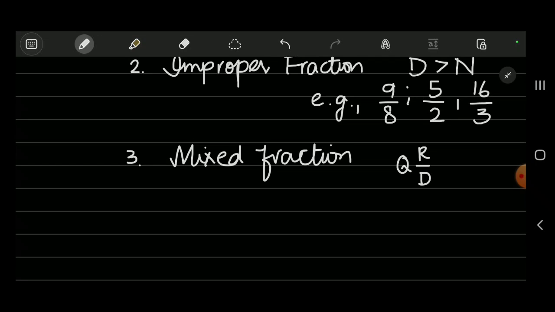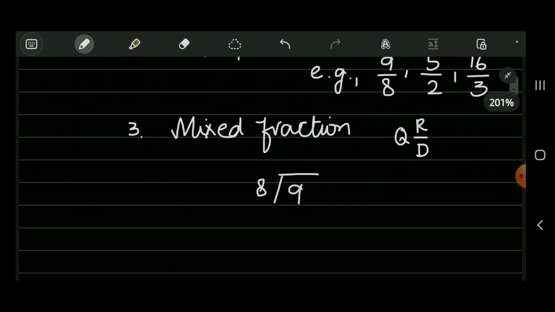For example, if we divide any improper fraction, like the fractions that are not completely divisible, for example 9 is not completely divisible by 8, so 8 times 1 is 8 and 1 is the remainder. Or take it as 7 to differentiate between the quotient and remainder. So 7 times 1 is 7 and 2 is the remainder.